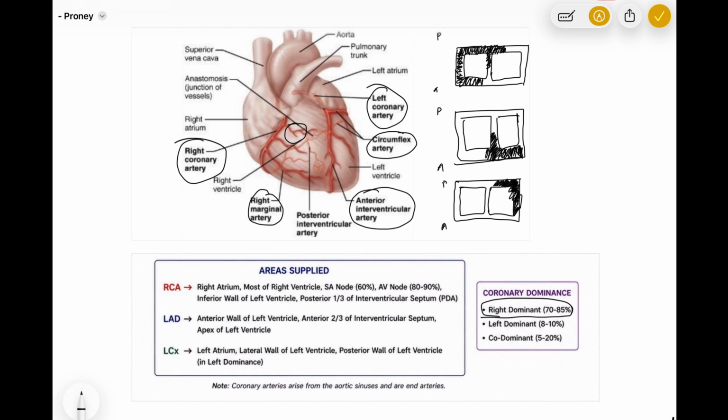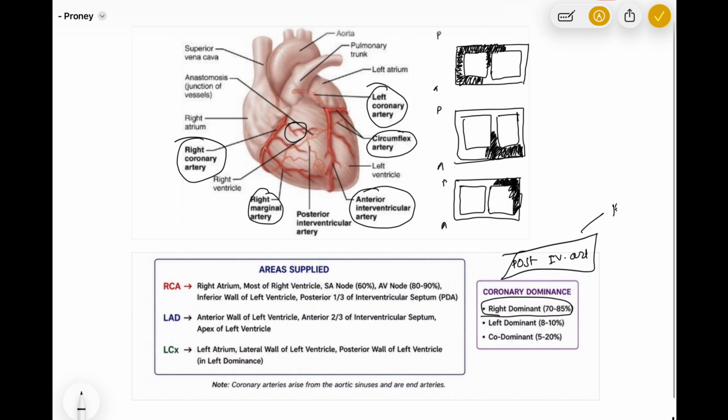What do we mean by right dominant? It means the posterior interventricular artery is a branch of the RCA. In only 8 to 10% the posterior interventricular artery comes from the LAD, and there may be co-dominance.